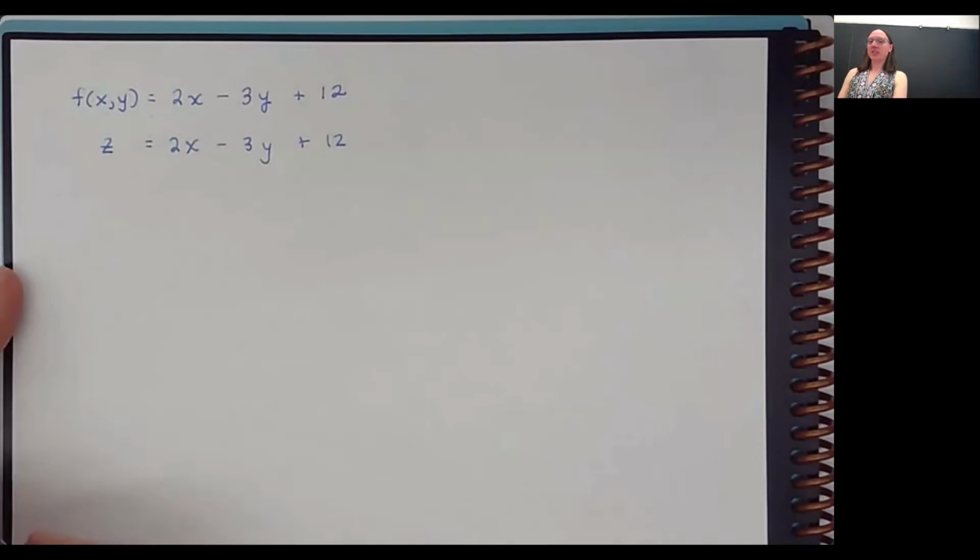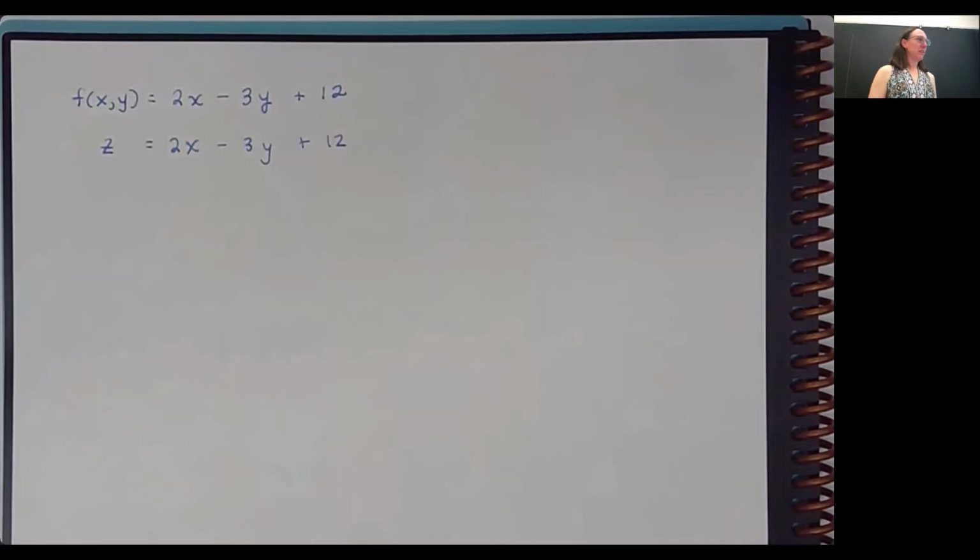This function is linear because all of my variables are raised to a power of 1, and none of our variables are multiplied by each other. So this thing is linear. And if we pick some level curves, all of those level curves should be lines.